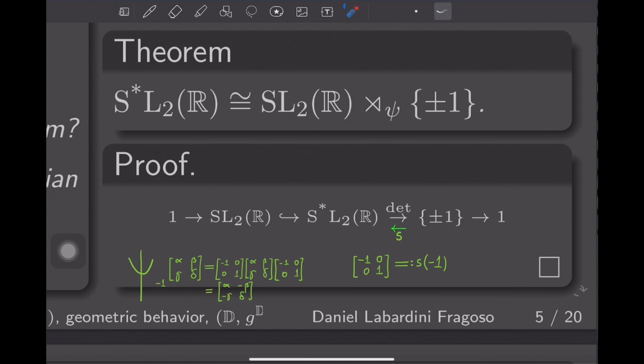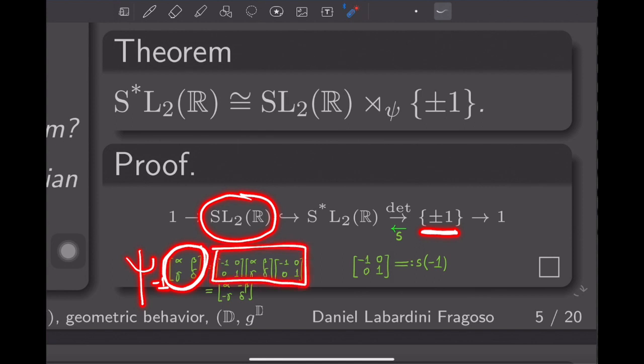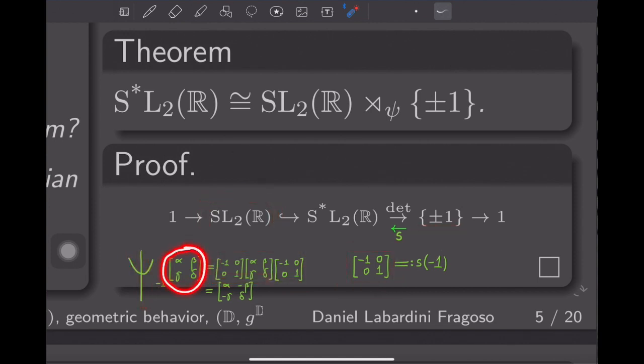In terms of the group action by automorphisms, it is given as follows: the group automorphism of SL2R corresponding to the element minus 1 acts on a 2x2 matrix in SL2R by simply conjugating by this matrix. So the action on such a matrix is simply to negate the off-diagonal entries.